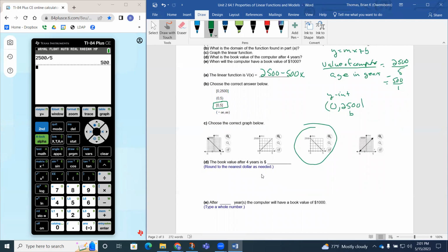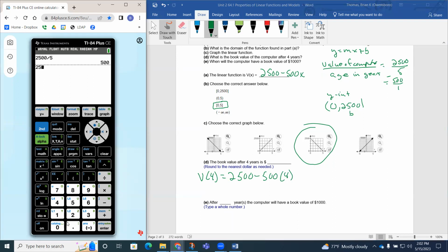So what's the book value after 4 years? It's going to lose $500 4 times. So it's going to lose basically 2,000. So it should only be worth like $500 after 4 years. But if we want to figure out V of 4, we'll determine our value by using our formula. But essentially what we're doing is losing 500 4 times, which is 2,000.